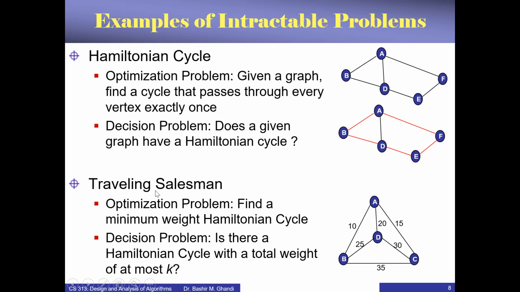This problem, again, so far, no efficient solution has been found. So it's an example of intractable problems. Okay, so this gives you an idea of tractable and intractable problems.